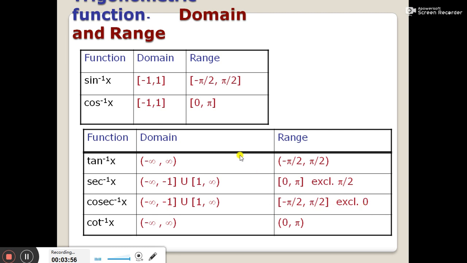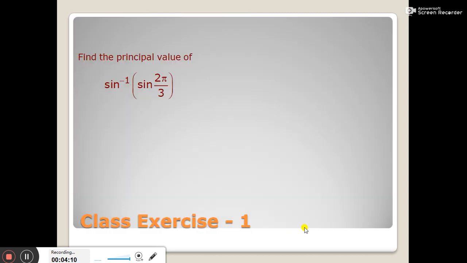In the same way, the range of cos inverse x is 0 to pi, closed interval. For secant inverse x we have 0 to pi, excluding pi by 2, and for cotangent inverse x, 0 to pi.